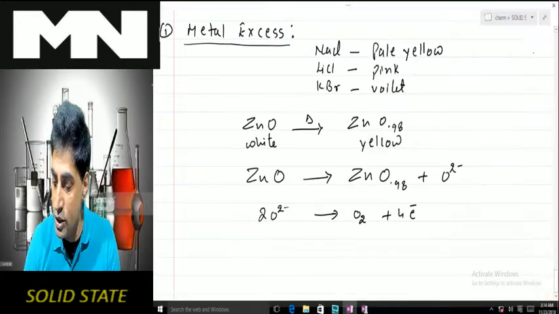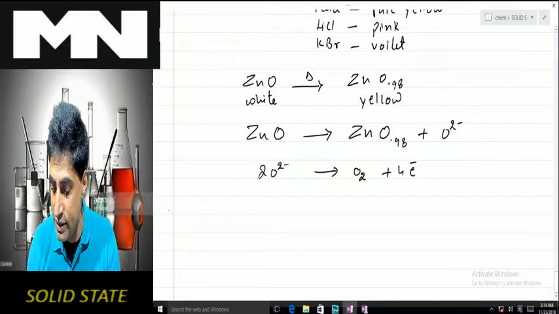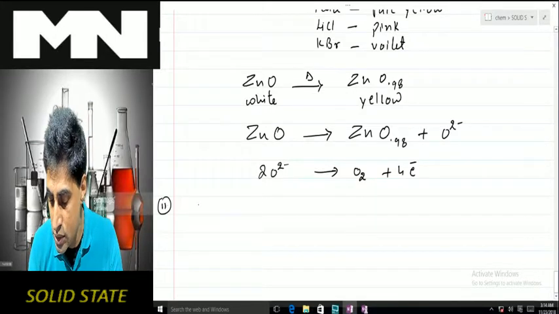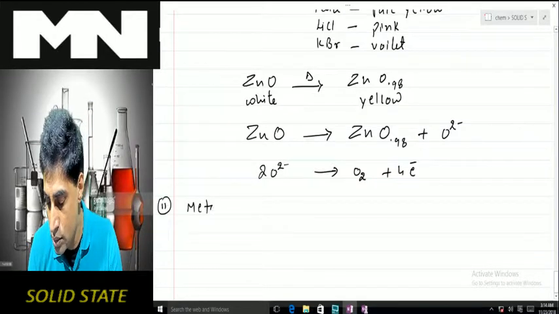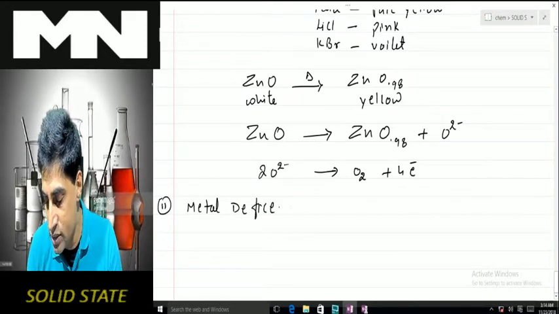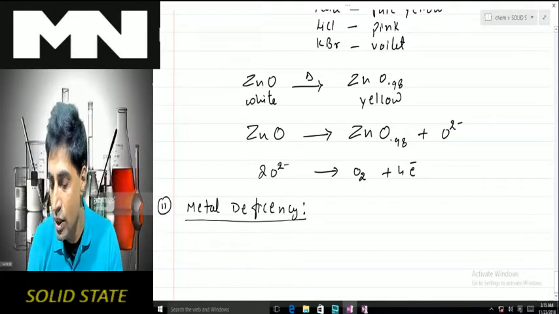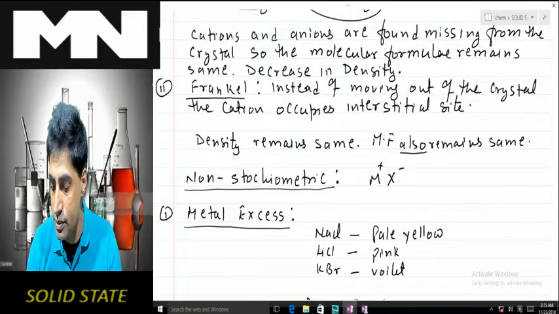Next we'll talk about metal deficiency. Second is metal deficiency imperfection.